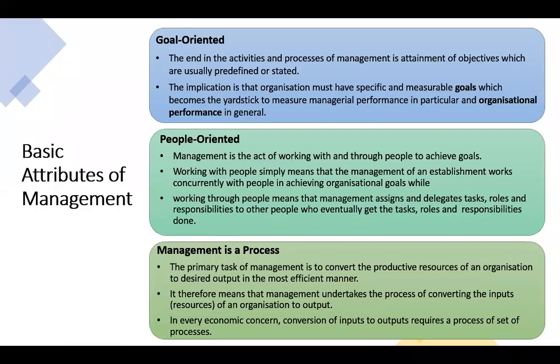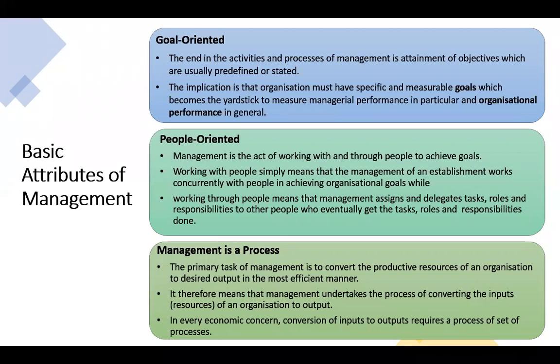Okay, we're going to be looking at the basic attributes of management. Anytime we're discussing management, what are the underlying characteristics that come to somebody's mind? So the first one is goal-oriented.